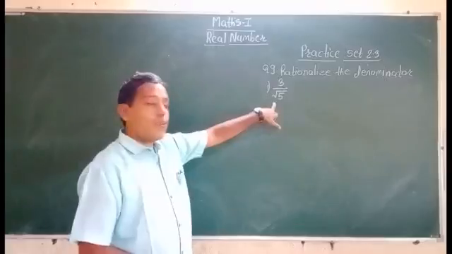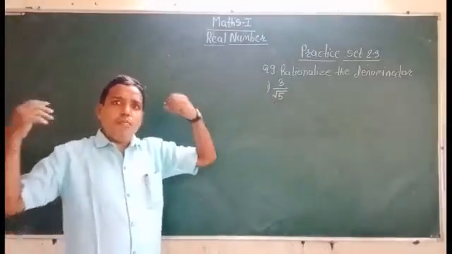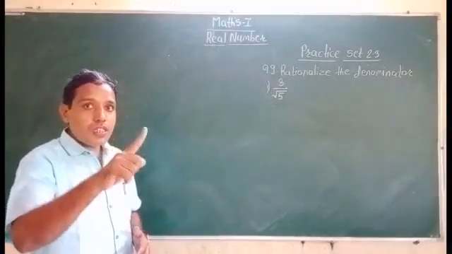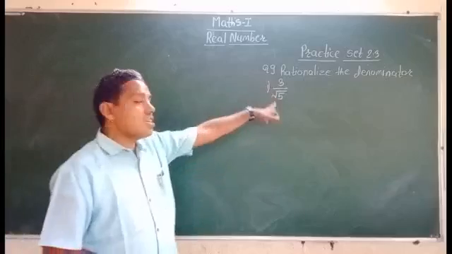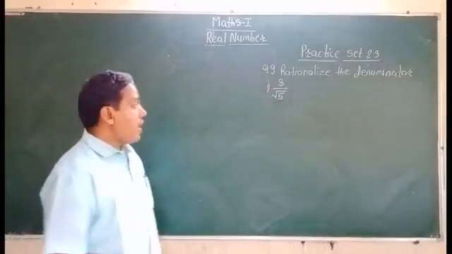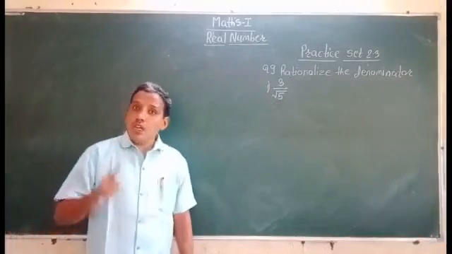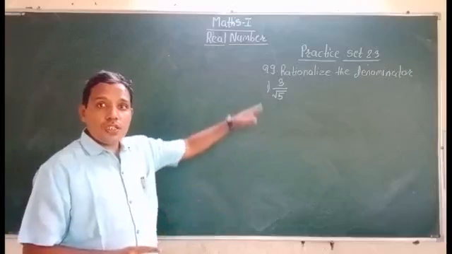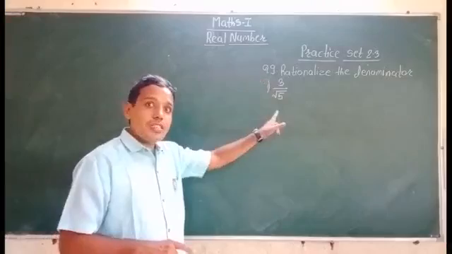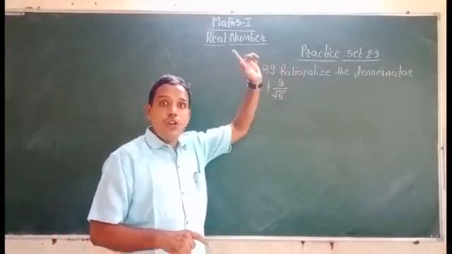So root 5 we multiply by another surd, such that the product is a perfect rational number. And one rule is that when we multiply the denominator by that surd, it is also multiplied to the numerator.